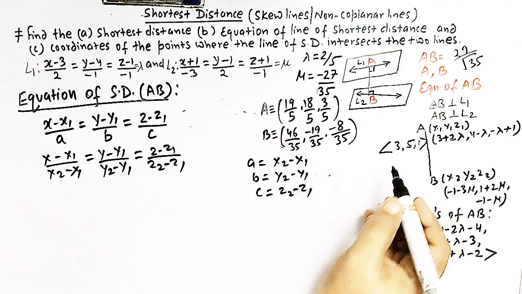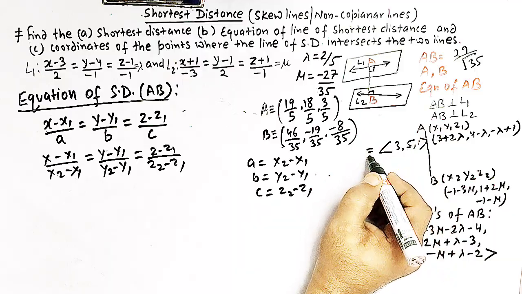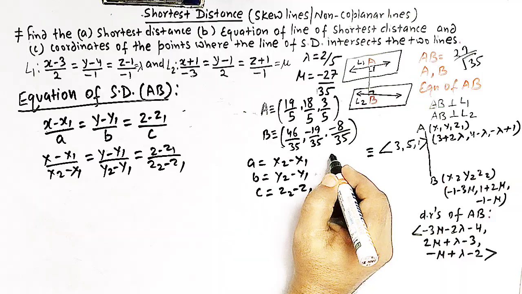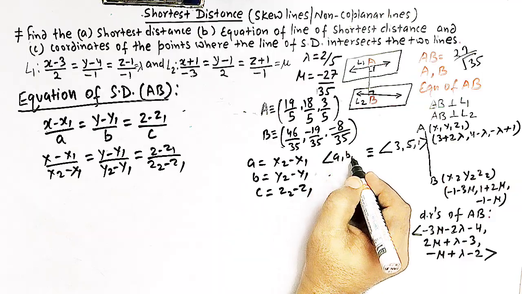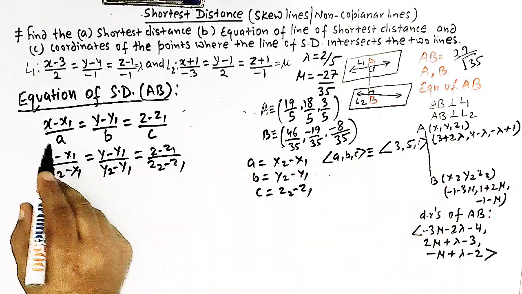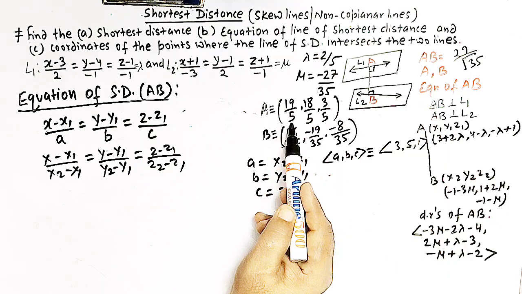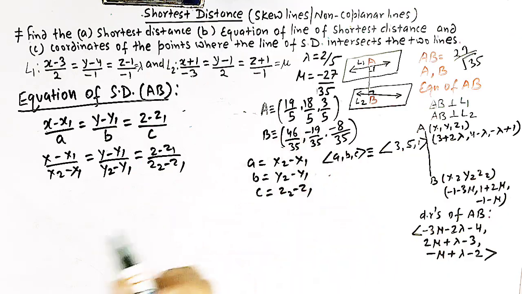So here we have seen that the direction ratios of AB are given by 3, 5, and 1, and x1, y1, z1 is given by 19 over 5, 18 over 5, and 3 over 5.